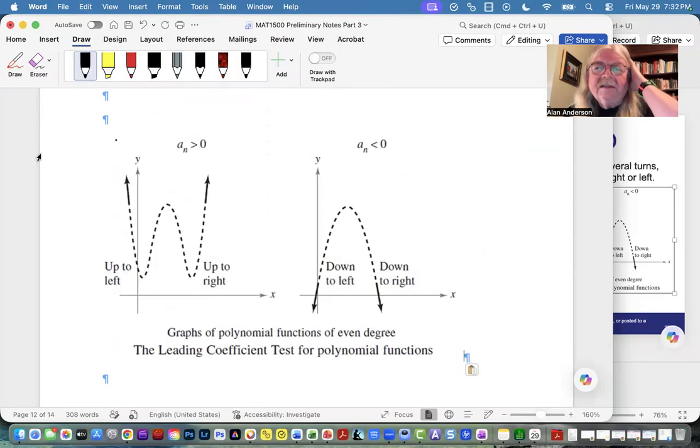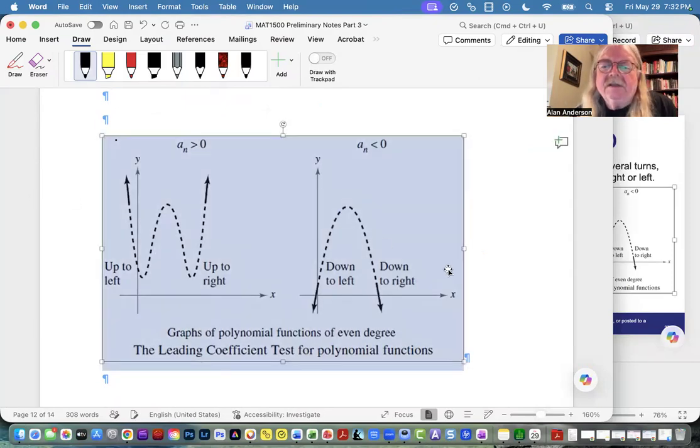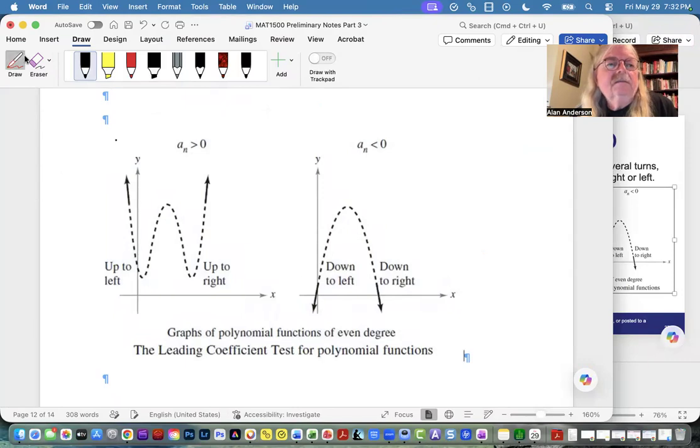They're writing it like this because it could be literally anything: third, fourth, fifth, whatever. But they want us here to focus our attention on even degrees. If the leading coefficient is positive, then the function will fall and then rise. If it's negative, you can see it'll rise and then fall in the following way.